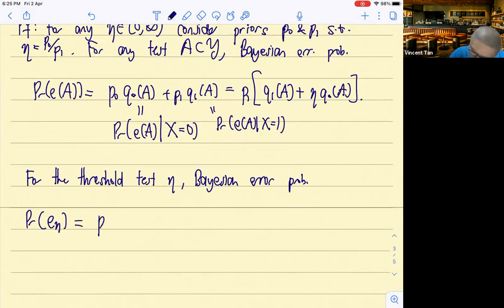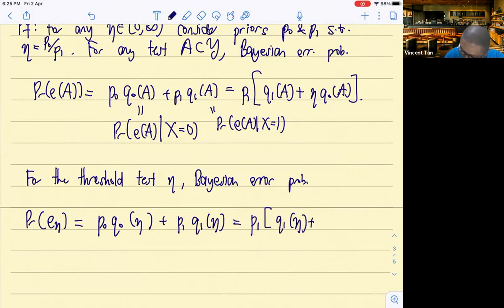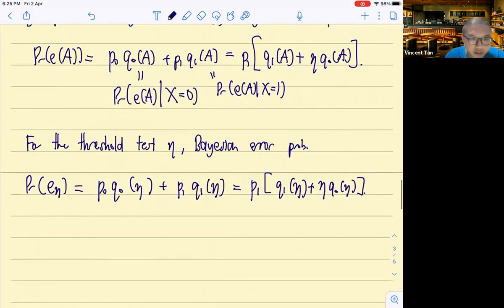P of E eta equals P0 Q0(eta) plus P1 Q1(eta), just by the same logic. So this is equal to P1 times Q1(eta) plus eta Q0(eta). All right, you see that?